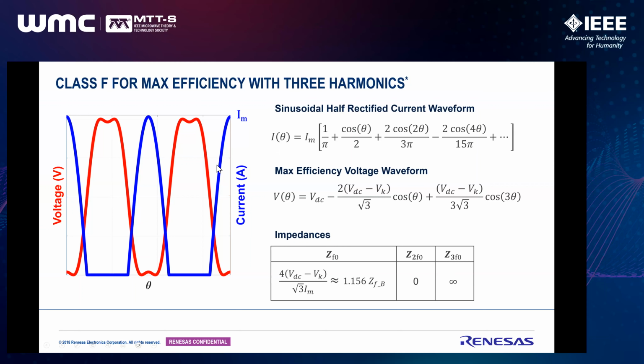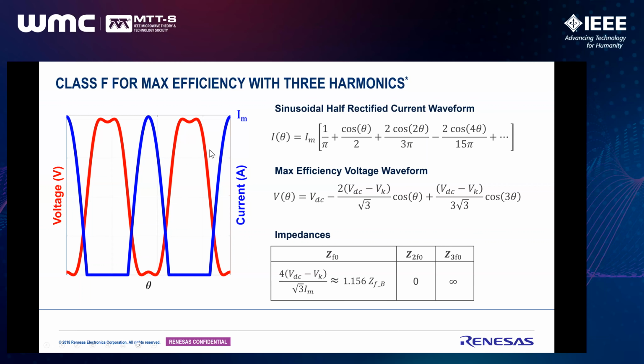So by that, we still have half sinusoidal current waveforms as in class B, and we shape the voltage from sinusoidal to rectangular like.